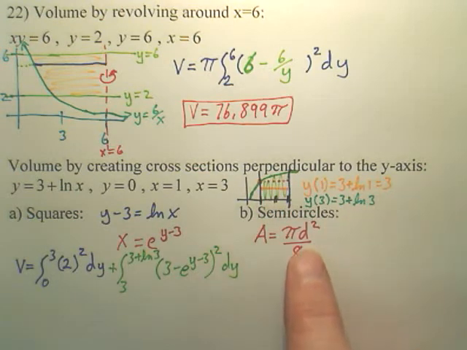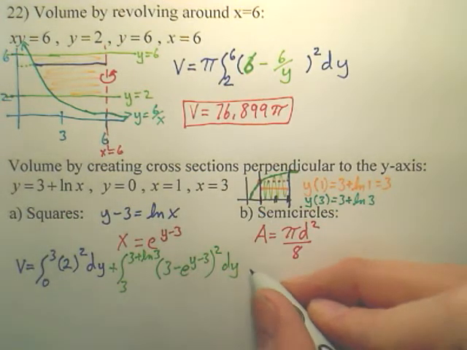So you have to change your area formula of a semicircle into terms of diameter instead of radius. That's the formula. So when you make your integral, you're going to set it up very similar to this. Except instead of squaring the values, you're going to make semicircles out of this 2, and the two inside pieces are just changing the inside.